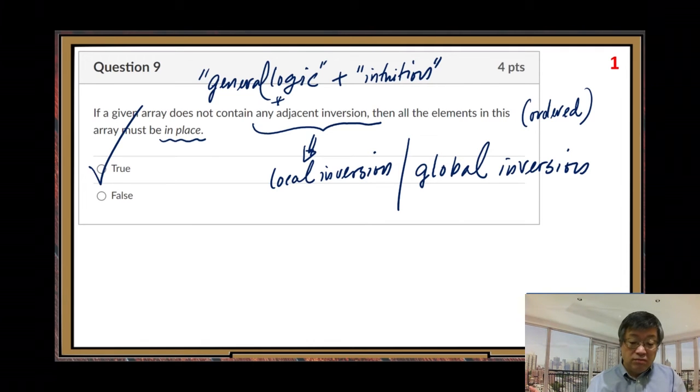Then you cannot say all the elements in this array must be in place.